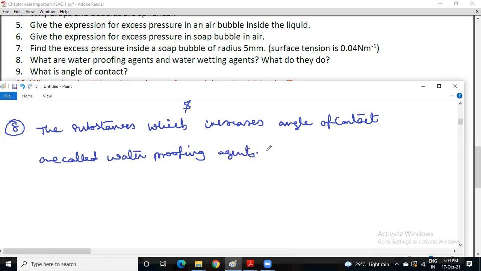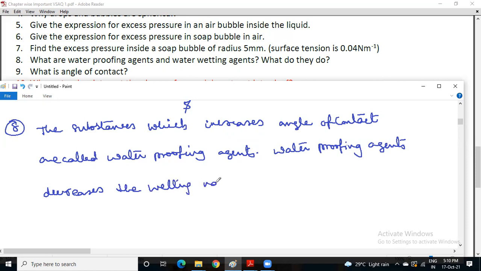So waterproofing agents decrease the wetting nature. Examples are wax, grease, even paints. So umbrella cloth, let us say raincoat cloths are best examples for waterproofing agents.